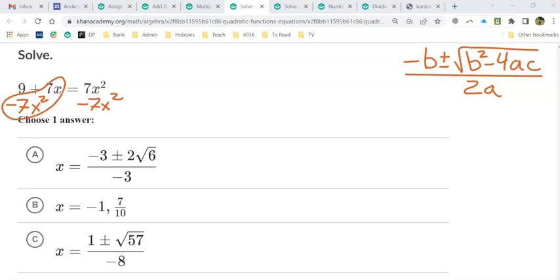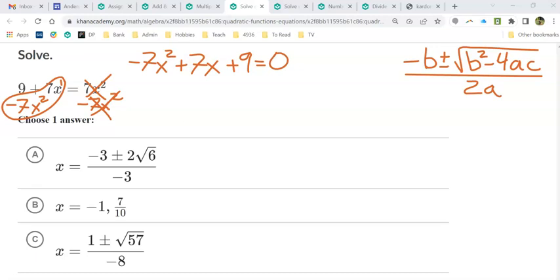Those are not like terms. There's a 1 there. They are separate. They are different. These do cancel out. This side now equals 0. We're going to rewrite the equation in standard form with the x squared first, and that is negative 7. And then we want our x, so 1 following x squared, and our 9 is last, followed by our 0.